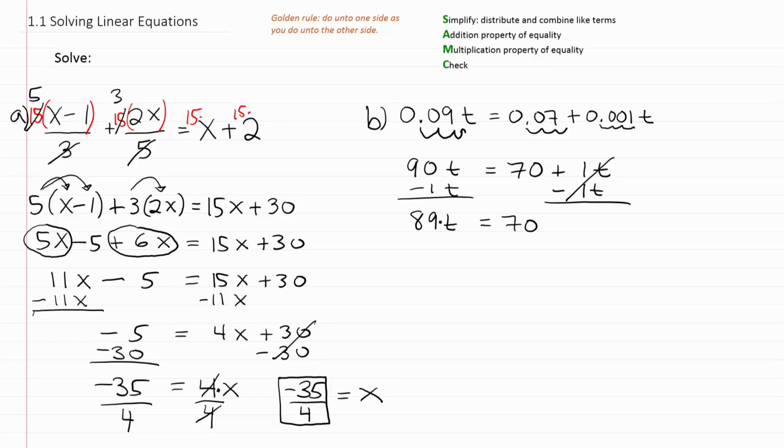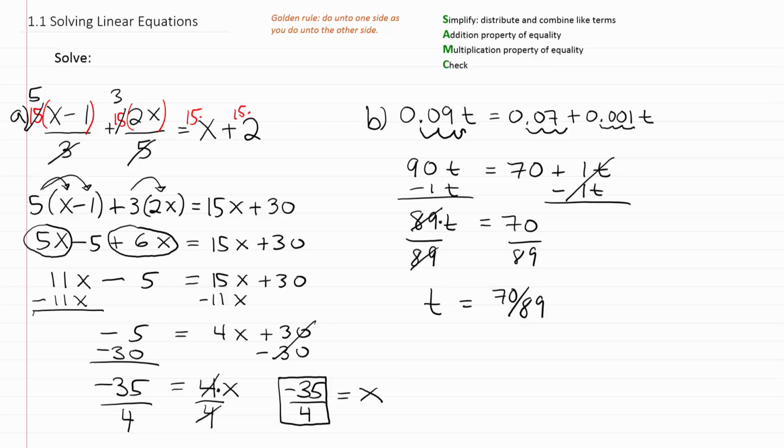That's 89 times t. So to undo multiplication, I use the inverse operation, which is division. So I'm going to apply the multiplication property of equality that says I can divide whatever I want into both sides of the equation. I'm going to divide 89 into the left, and I'll have to do the same on the right. And then finally, we'll get t is equal to 70 over 89.